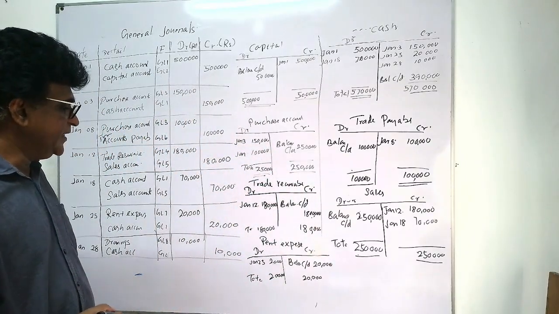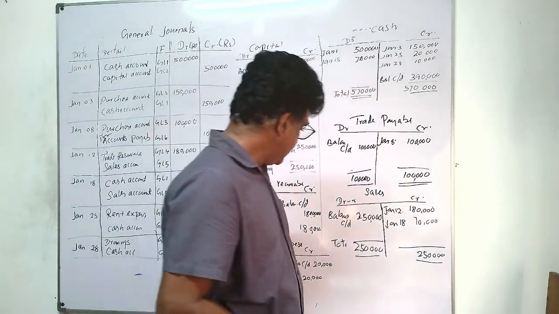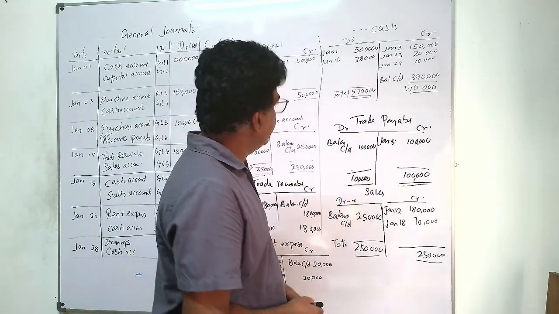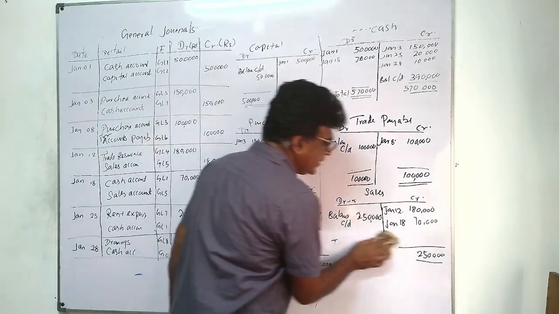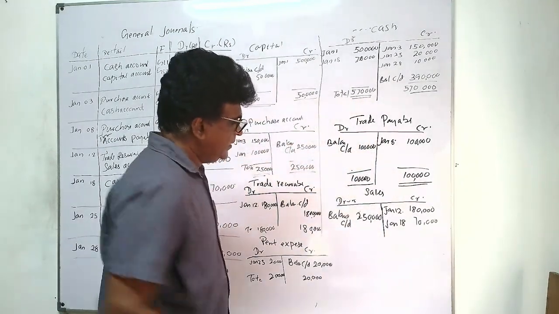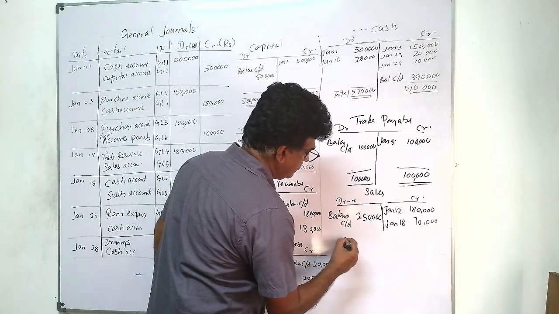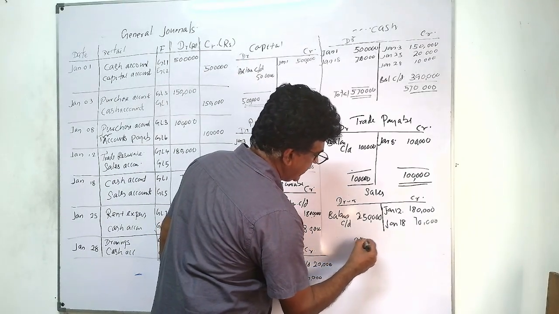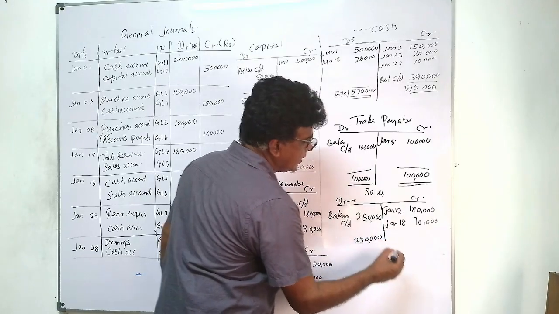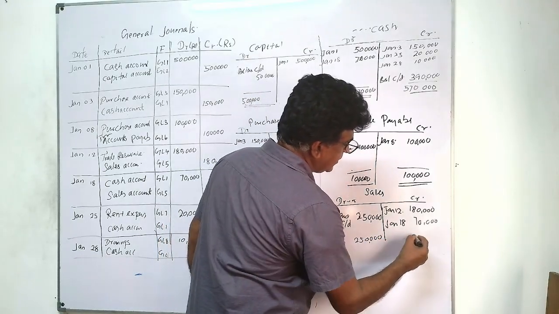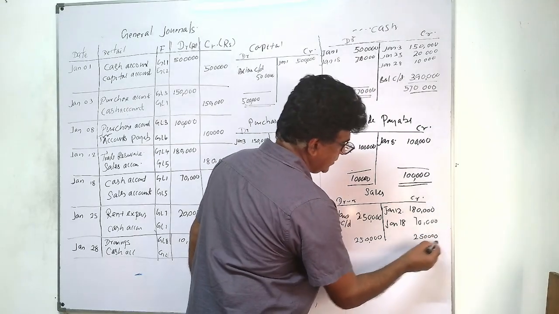Then there is a credit balance. And the last account is the drawings account.